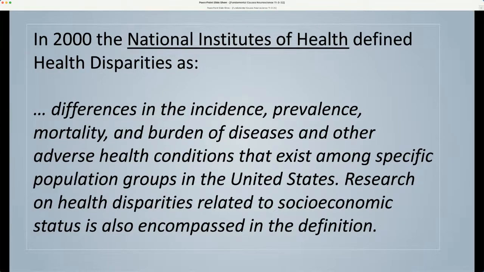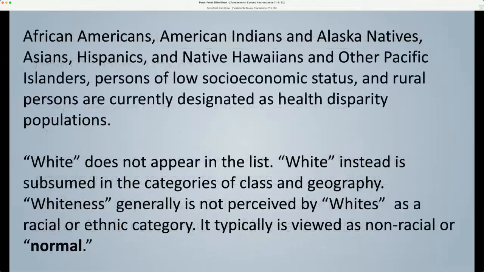Research on health disparities related to socioeconomic status is also encompassed in the definition. African Americans, American Indians, and Alaska Natives, Asians, Hispanics, and Native Hawaiians, and other Pacific Islanders, persons of low socioeconomic status, and rural persons are currently designated as health disparity populations.